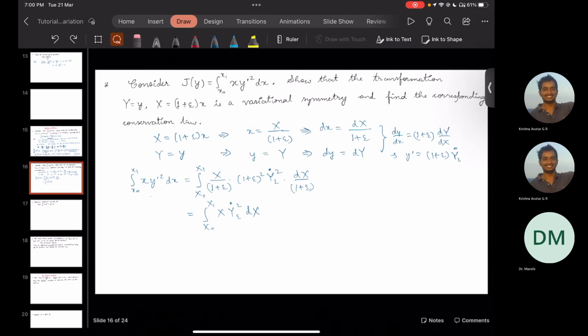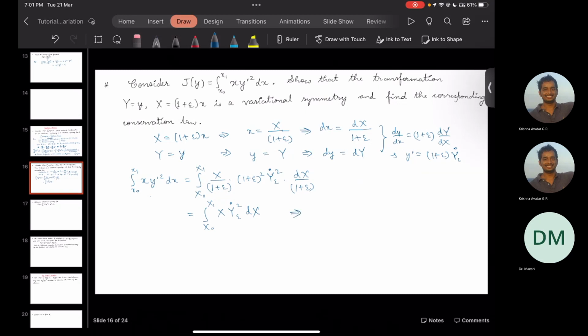Now, when you take a look at the expression clearly, what you see is the expressions have the same form, isn't it? Even after transforming the quantities small x and small y using a transformation which is parameterized by epsilon.